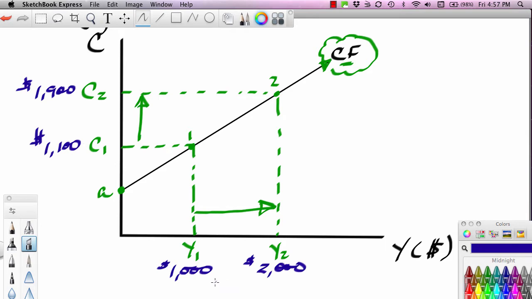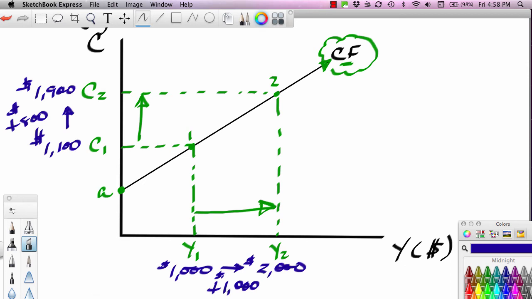So the increase in disposable income is 1,000. This has increased 1,000, but the increase in C is only 800. Okay, and that's going to be an important idea here in just a minute.